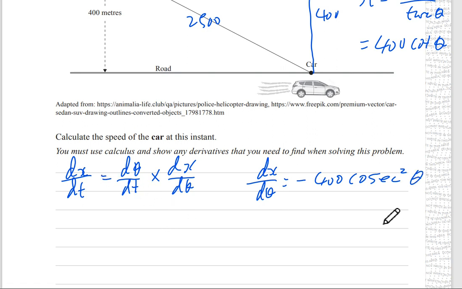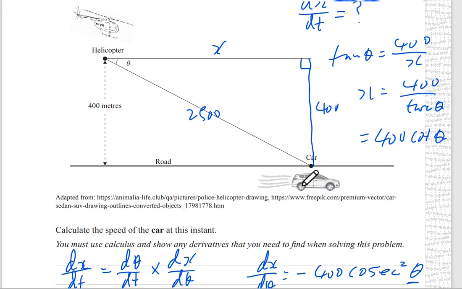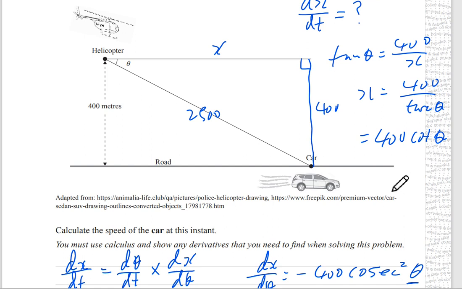Now d theta dt is given, 0.02, times dx d theta. So we have to find out theta, isn't it, at this moment. So, well, obviously we have to use a sine, isn't it? So sine inverse of 400 over 2,500 will be the theta, isn't it?